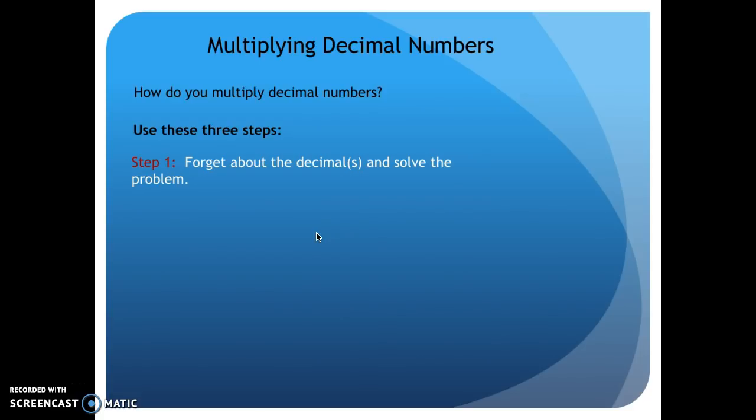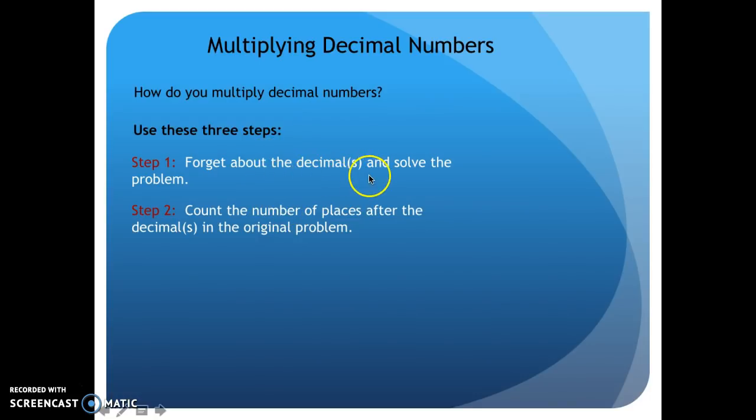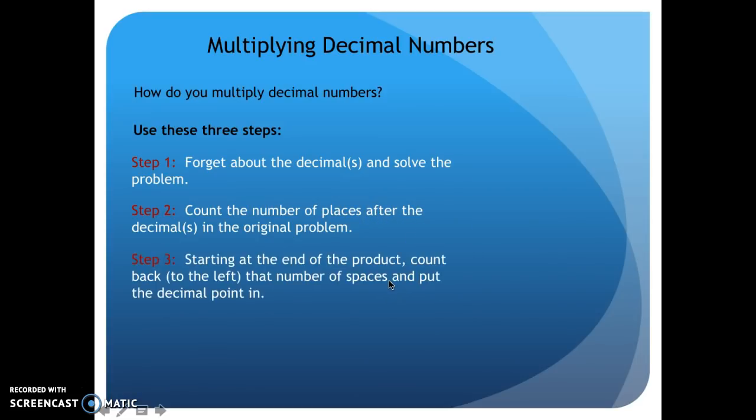Pretend they're not even there, and solve the problem as if they don't exist. Step 2: at the end, count the number of places after the decimals in the original problem. When I say after the decimal, I mean to the right of the decimal. You'll see what I mean in just a minute.